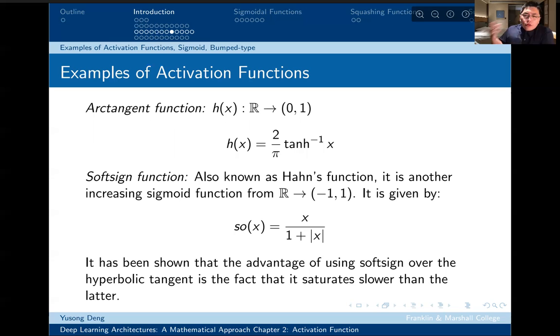It has been shown that there is some advantage of using softsign over hyperbolic tangent. In fact, it saturates slower than the hyperbolic tangent. You can try to draw out the image of these two functions, and you can obviously see that it saturates slower than hyperbolic tangent, but I'm not able to tell you in which case it will be more useful.